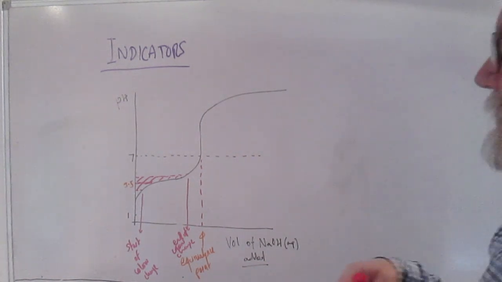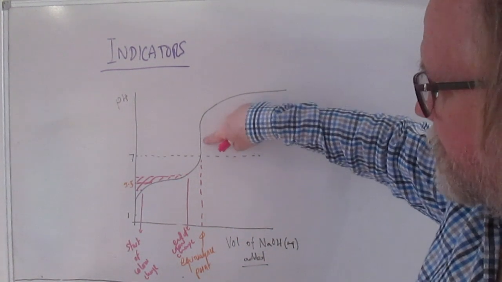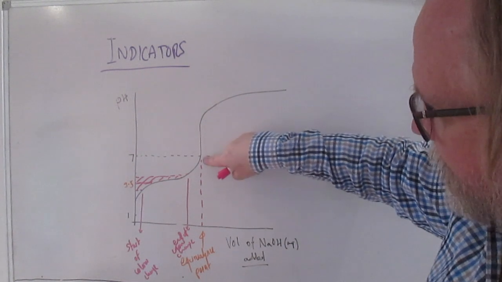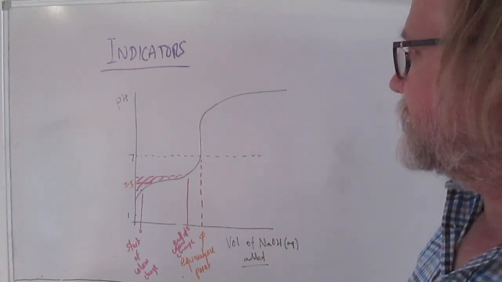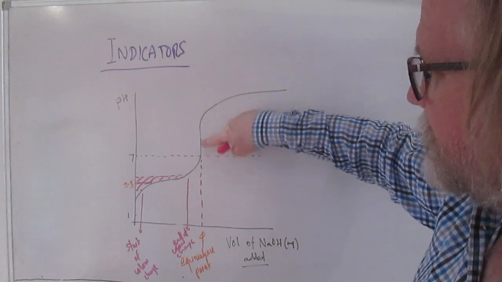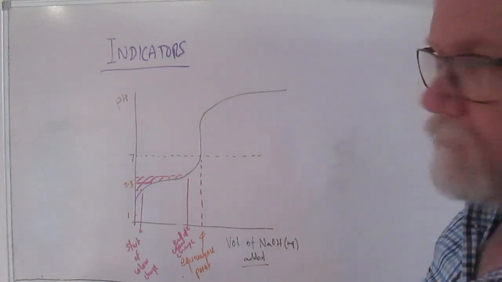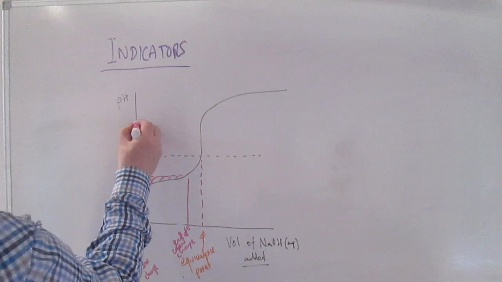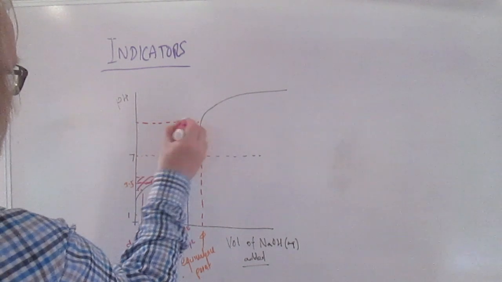Because if you do that, then it is going to give you a good indication of when you reach pH 7, because that volume where that happens is very close to the volume where you are at pH 7, and it's going to occur abruptly. Because you're in the vertical region, a couple of drops is going to take you from one end of the colour change to the other. So what you're ideally looking for is an indicator with a pH range somewhere up here.